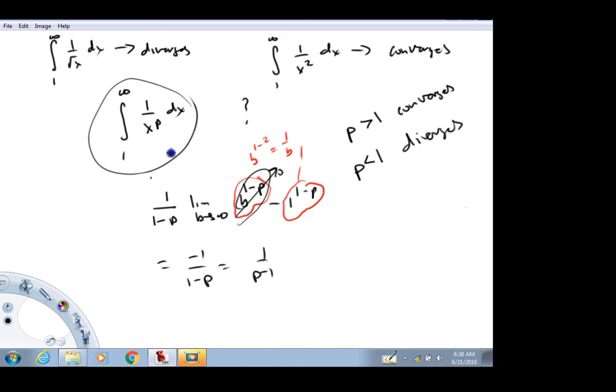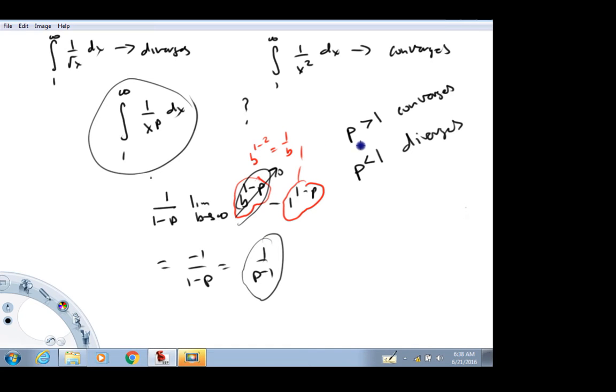So for any integrals of this form, whether they converge or diverge, it's all about the value of p, what that power is. If that power is less than 1, like 0, negative 1, negative 2, negative 3, the integral is divergent and there's no answer. If p is greater than 1, the integral converges, and it converges to this value, 1 over p minus 1.